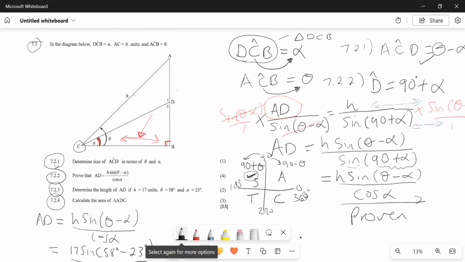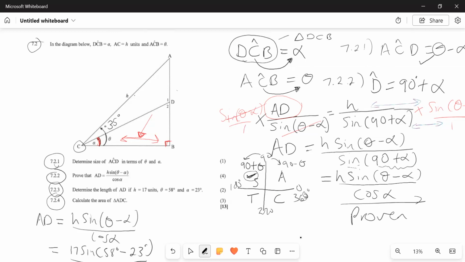Okay, so they said theta is equal to 58 and alpha is equal to 23. So theta minus alpha, that's 58 minus 23, we get 35 degrees, right?